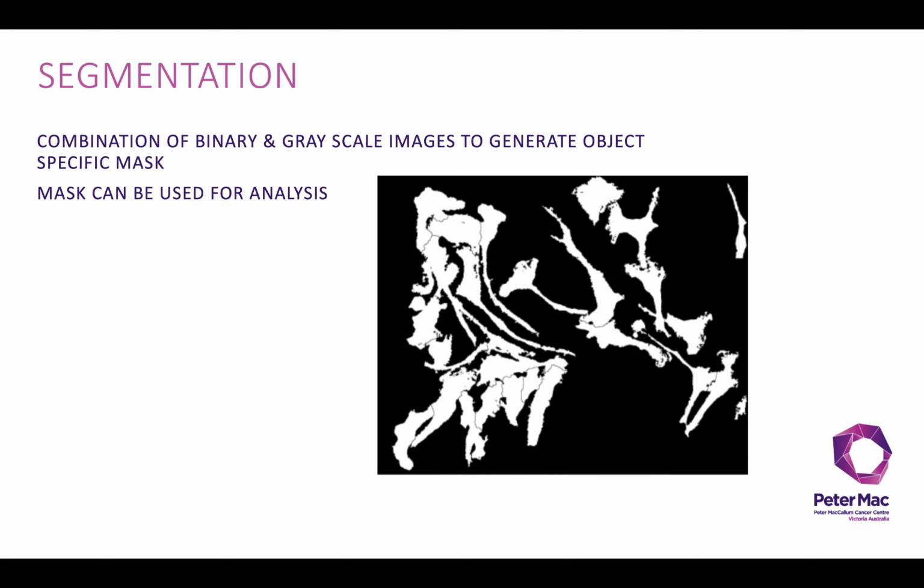We can also combine the binary mask that we created with grayscale images to generate object-specific masks. So we can actually separate these masks out on a per cell basis. And again, we have a cell segmentation activity later on that we'll be doing this.